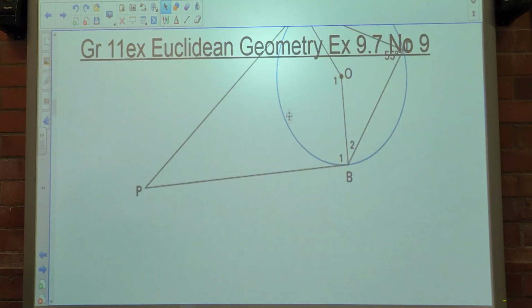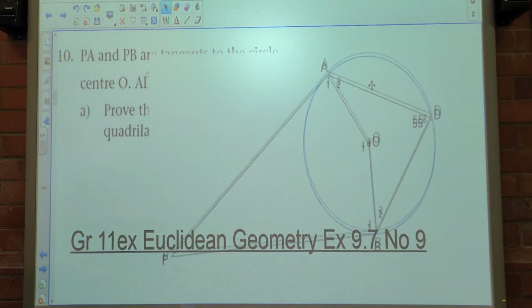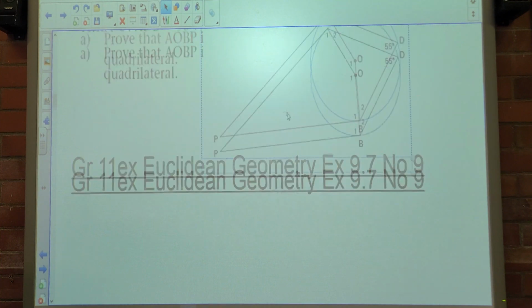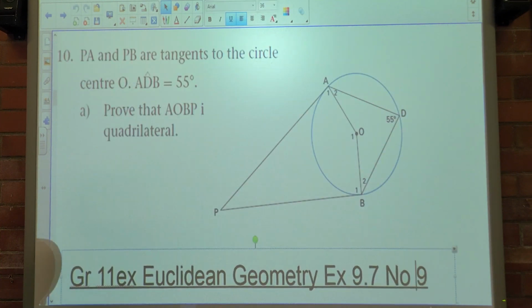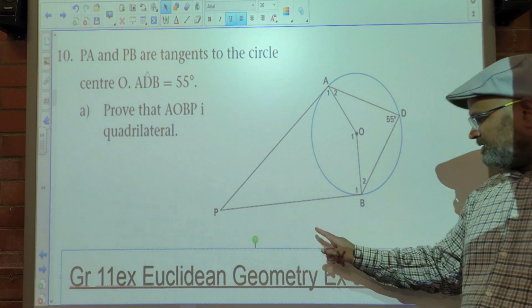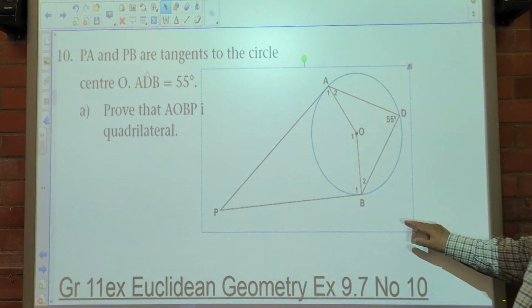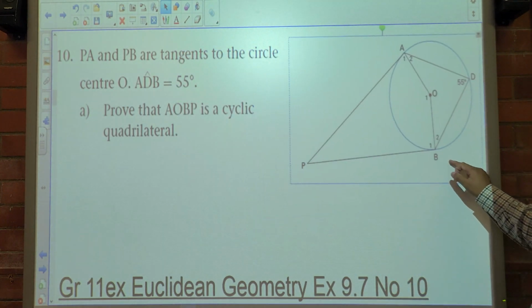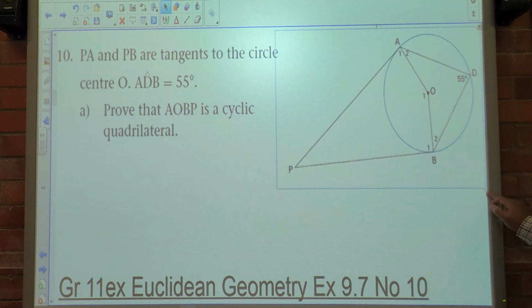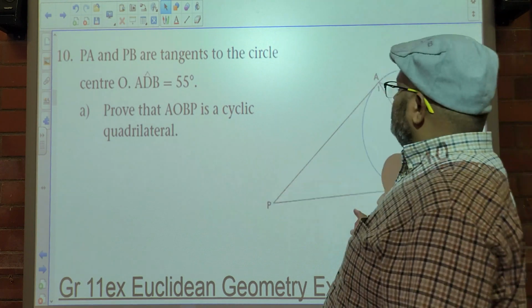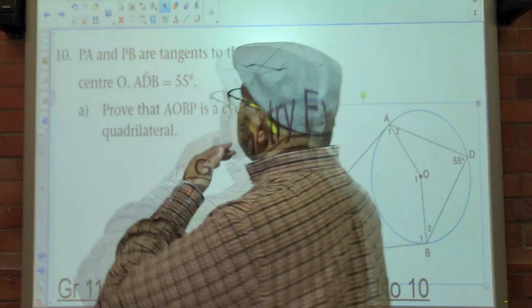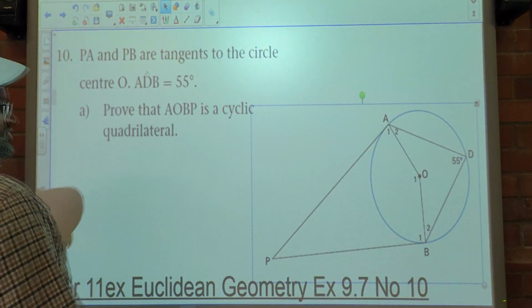Question 10. Okay, this is a bit smaller. Right, so in question 10 we are told that PA and PB are tangents.